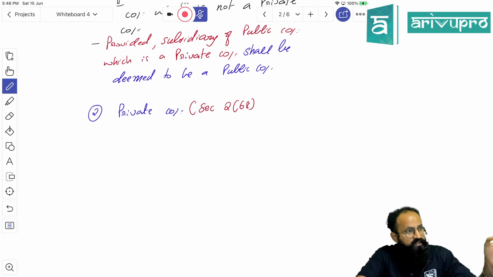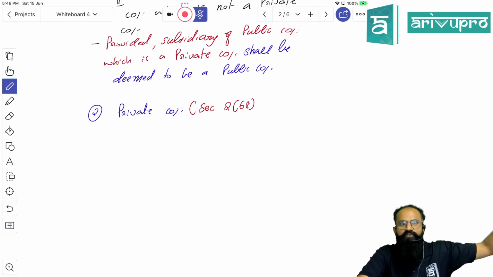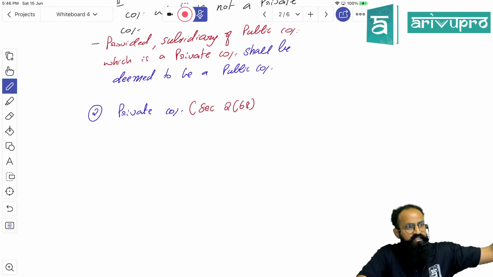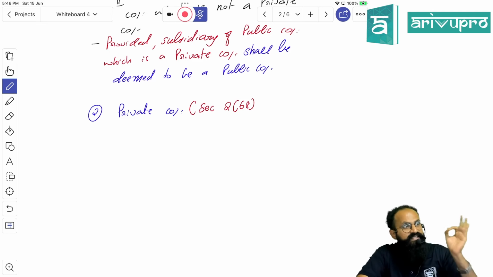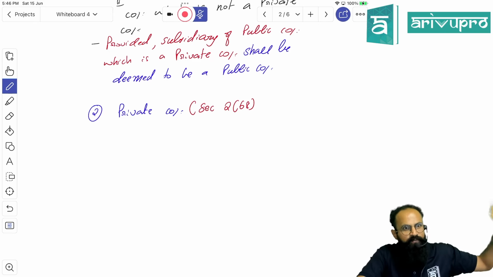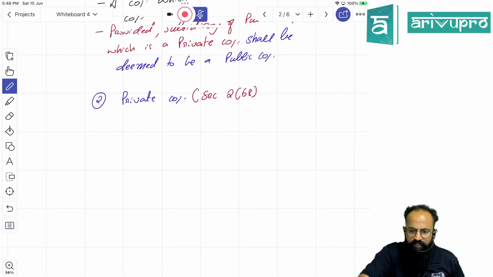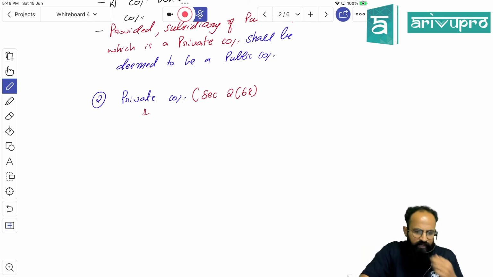Section 2 means definition. We are covering something from chapter 1. Just like your dictionary, there are so many definitions. We are seeing the 68th definition, and that is your private company definition. That's why it is called section 2 clause 68. Is that clear, all of you?